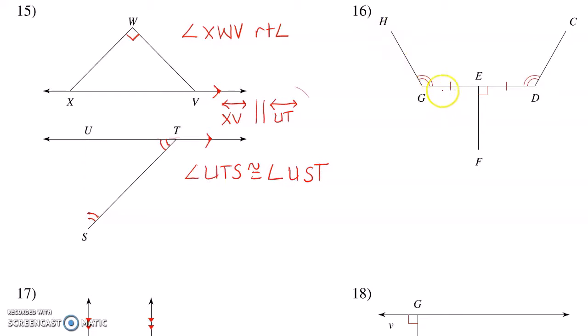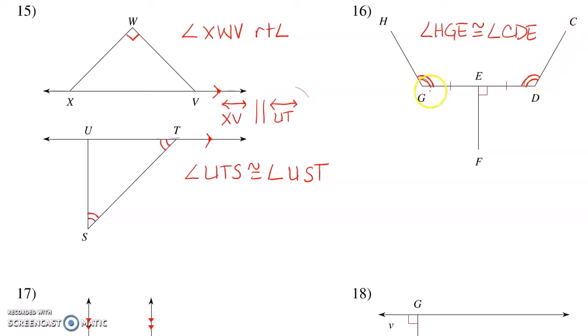In problem 16, we are given that angle HGE, which could also be written HGD, is congruent to angle CDE. That's here.